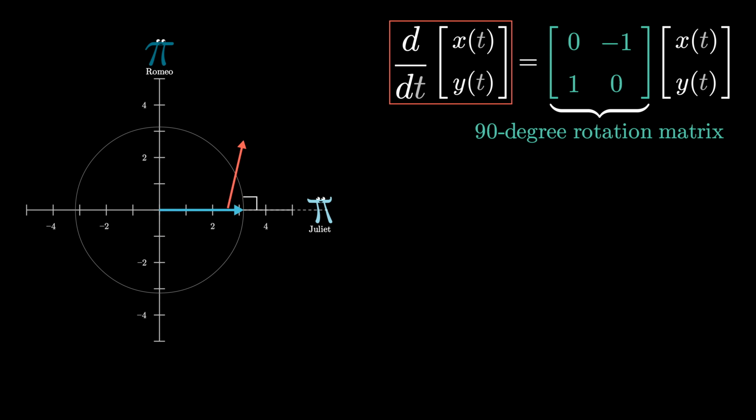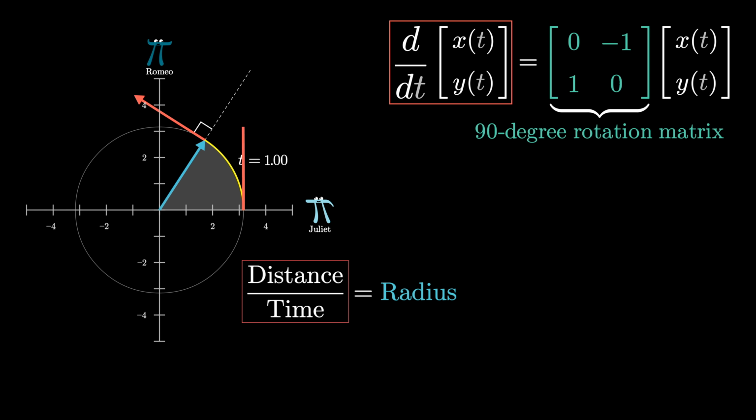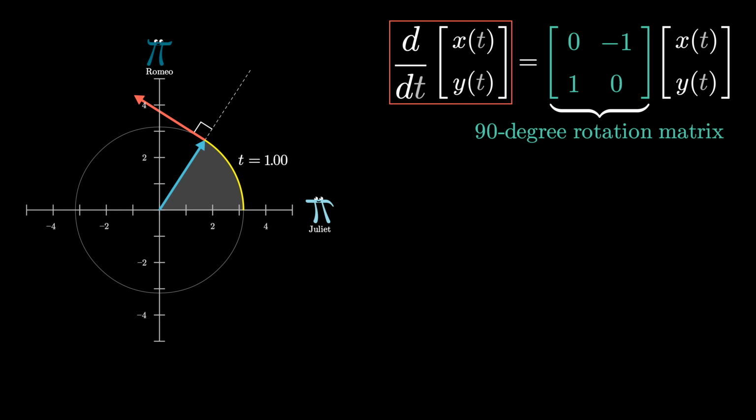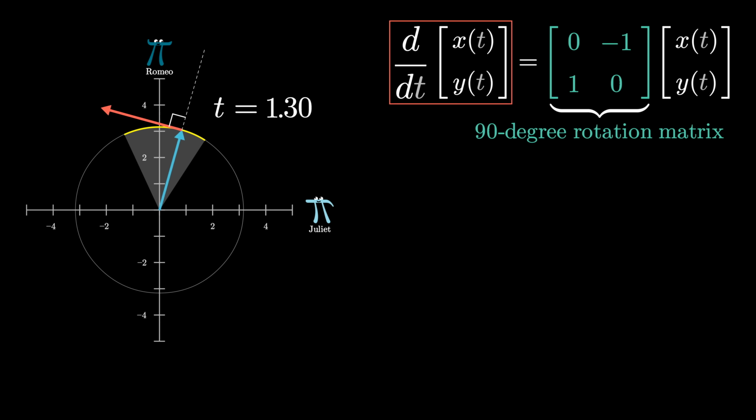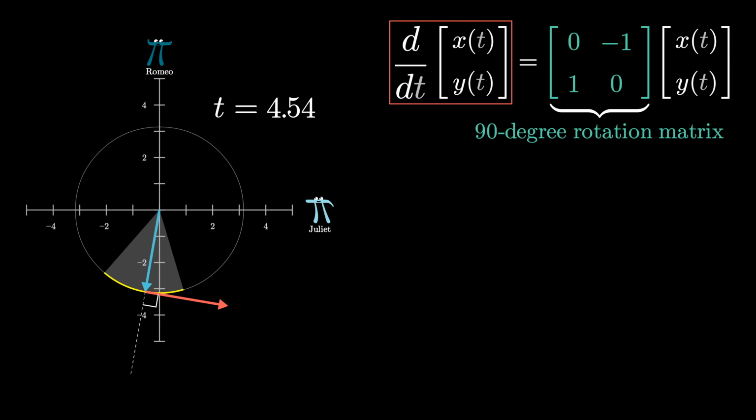More specifically, since the length of this velocity vector equals the length of the position vector, then for each unit of time, the distance that this covers is equal to 1 radius's worth of arc length along that circle. In other words, it rotates at 1 radian per unit time. So in particular, it would take 2 pi units of time to make a full revolution.